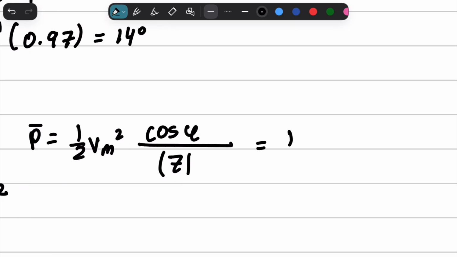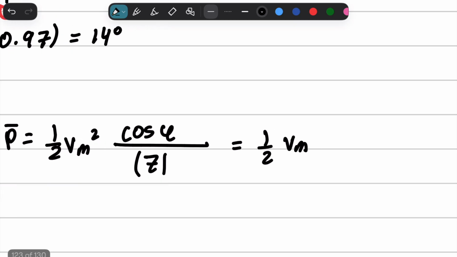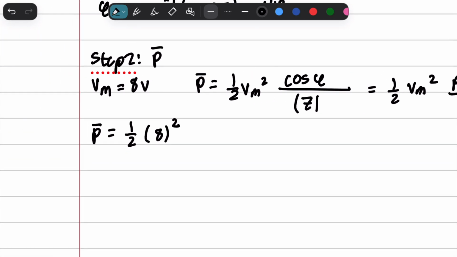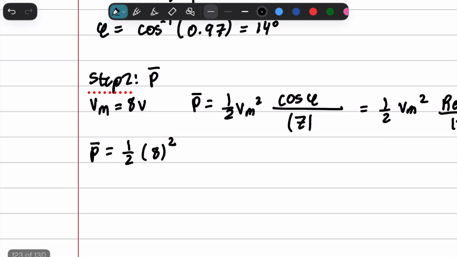You can also use 1/2 Vm squared times the real part of the impedance divided by the square of the impedance magnitude. And you can try it out. It's going to equal the same thing.